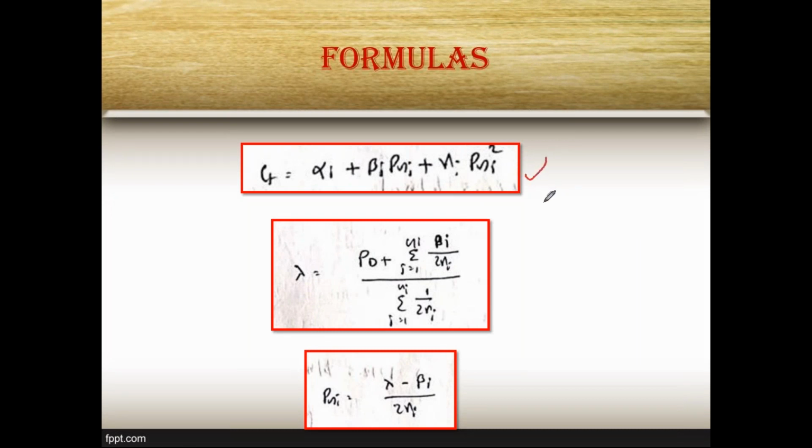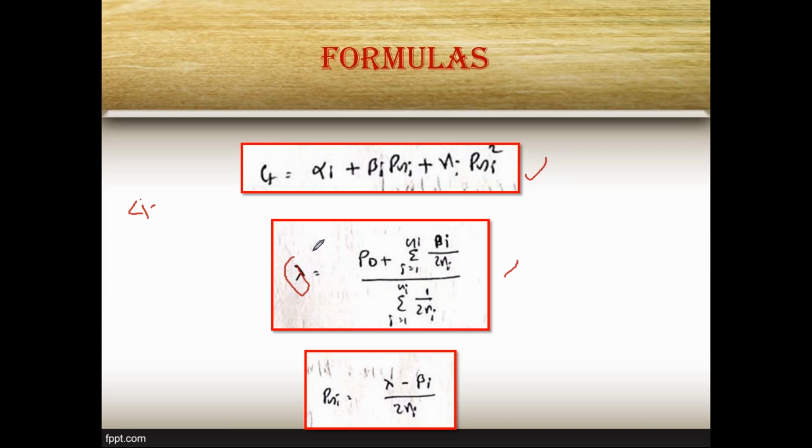This is the formula we can use for the cost of a particular plant. Suppose it is plant 1, then you can calculate CT, that is, C1 equals alpha 1 plus beta 1 PG1 plus gamma 1 PG1 whole squared. Next, this is the value of lambda. What is the other name of lambda? How can we denote the lambda value?